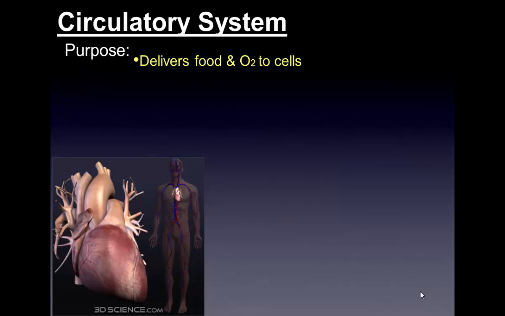What kind of things does it have to remove? Bacteria, sickness. Some parts of your blood do fight off illnesses. What else? Every cell in your body produces this, and your blood helps to remove it. Waste.